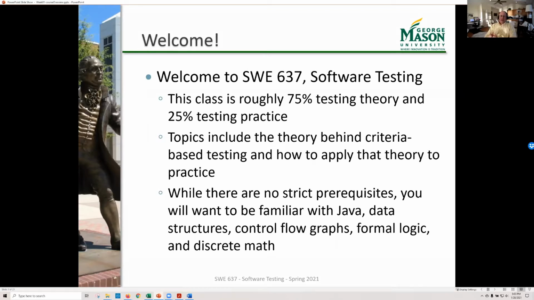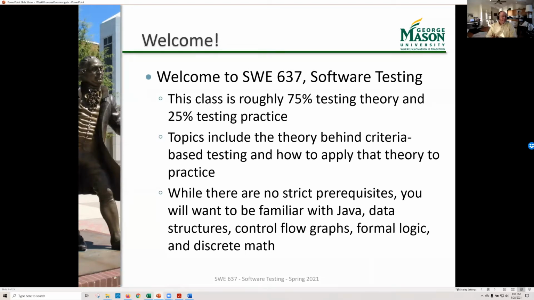As a graduate level class, we'll be digging deeper than that and looking into a lot of the theory behind why we test the way we test, and some other ways that we could test that, frankly, as you talk to your friends, neighbors, and coworkers, they'll be like, what? I've never heard of that.